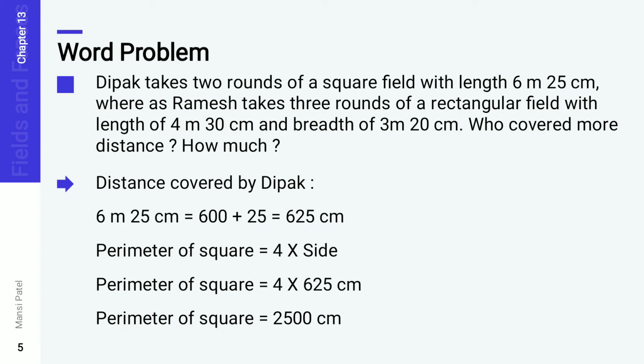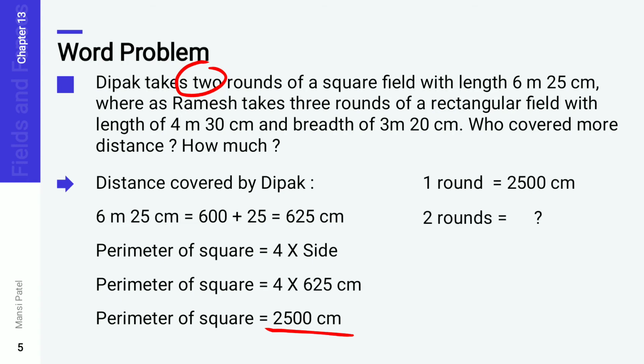Now we can say that this 2500 centimeter is for one round only. But how many rounds does Deepak take? 2 rounds. Therefore we have to use the unitary method. In one round 2500 centimeter distance is covered. So if he takes 2 rounds, how much distance is covered by Deepak? The number which is written in the cross, do the multiplication.